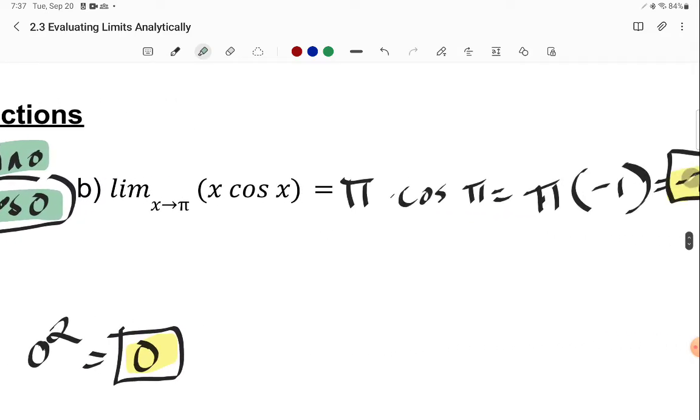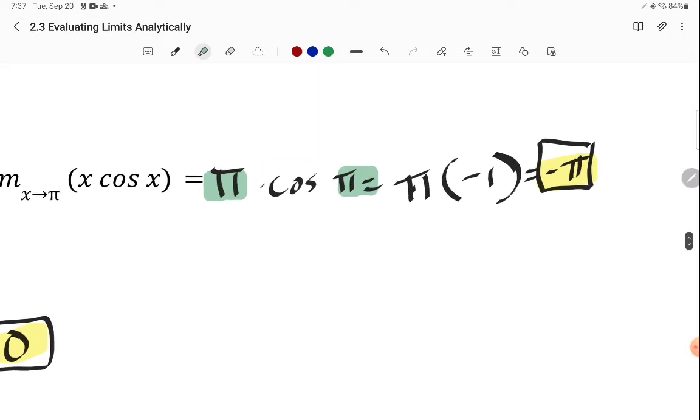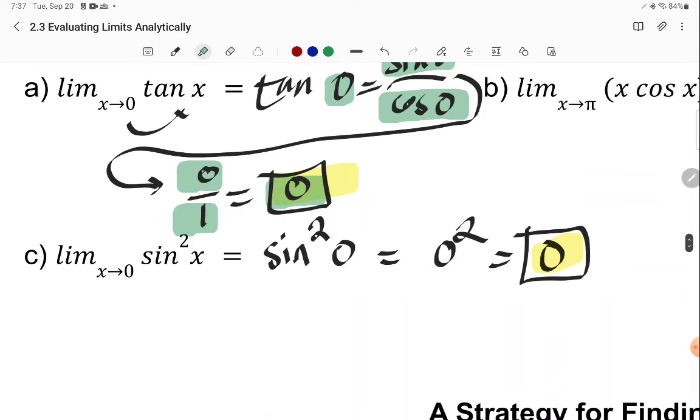Over here, on part B, plugging in pi for your x and your other x. So pi times the cosine. Cosine of pi is -1, so -1 times pi is negative pi. And then on the last one, the limit as x approaches 0 of sine squared, when we plug that in, sine of 0 is just 0, so 0 squared is also just 0.